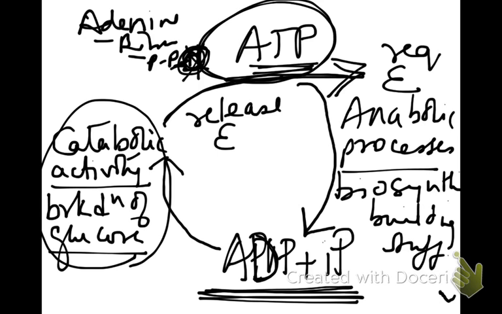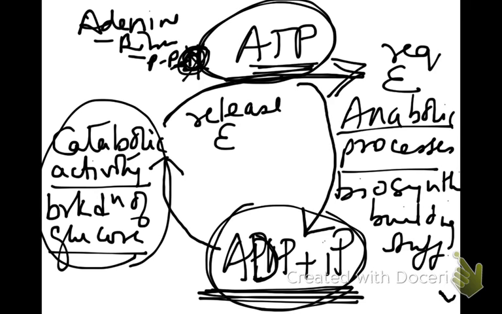So the whole process involves a coupling mechanism wherein anabolic processes are in synchrony with catabolic processes, and ATP is always regenerated from the smaller products, ADP and inorganic phosphate, which are put together to give me ATP, and so on.